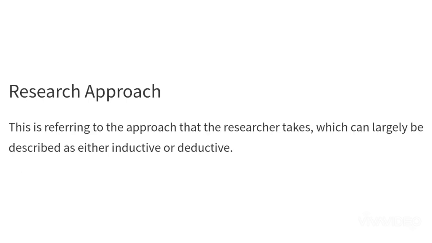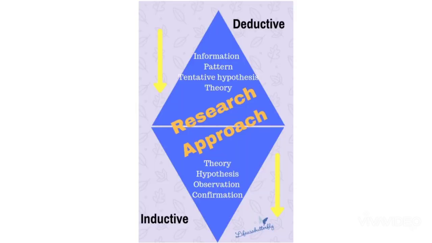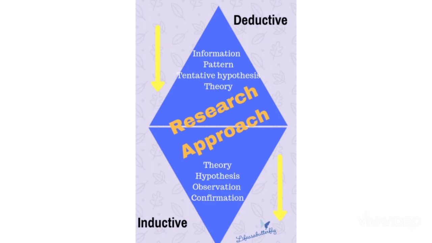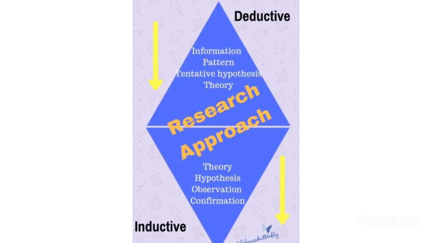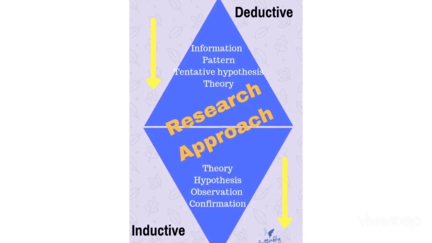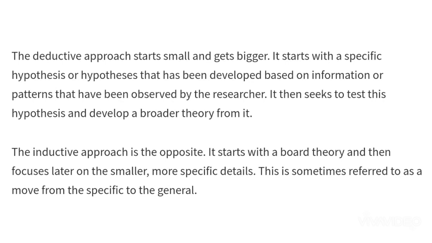Research approach. Research approach refers to the approach that the researcher takes, which can largely be described as either inductive or deductive. As we can see from the figure, the deductive approach starts small and gets bigger.